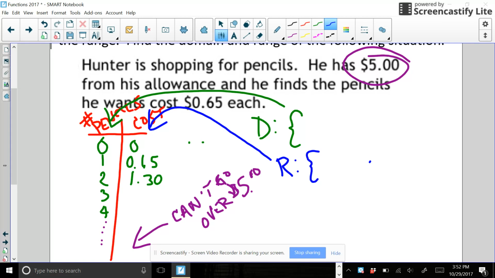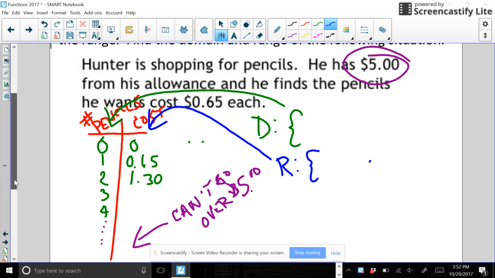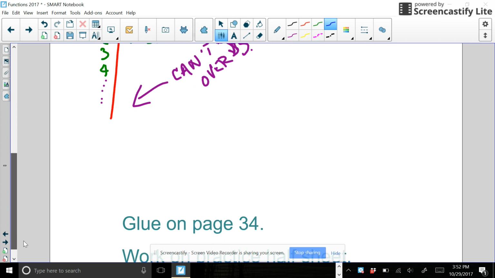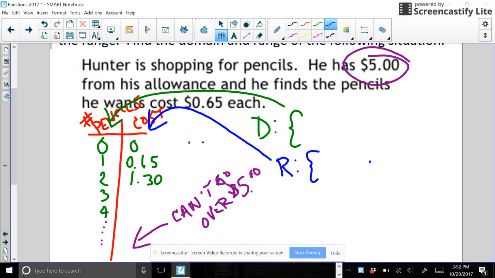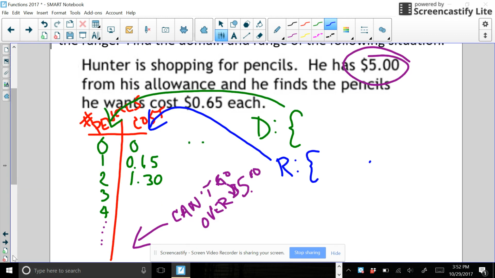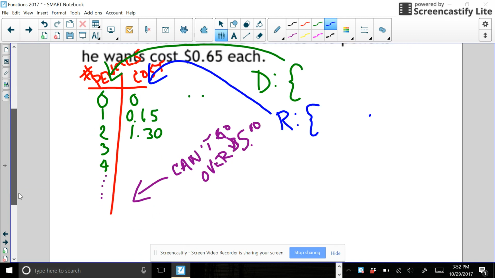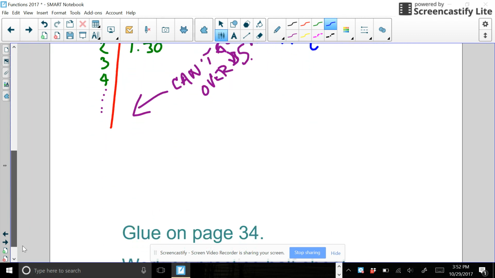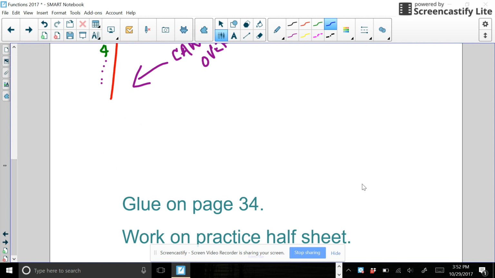So I'm going to let you finish that one by yourself. When you're done, go ahead and list your domain and range. Then this is going to be folded and glued on page 34 of your notebook. And then you're going to work on the practice half sheet. You can also work on the Desmos activity. Okay, the end.